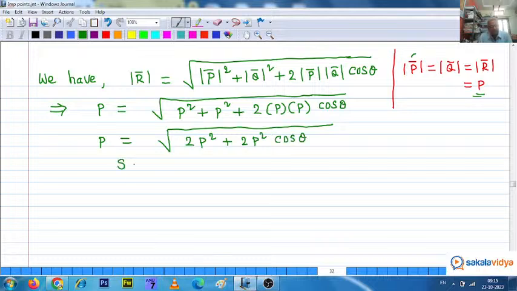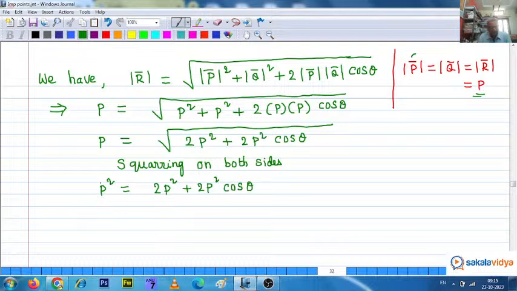Now squaring on both sides. On squaring both sides, what do we get? This is P square, obviously, square root of 2P square plus 2P square cos theta whole square, so you get 2P square plus 2P square cos theta.